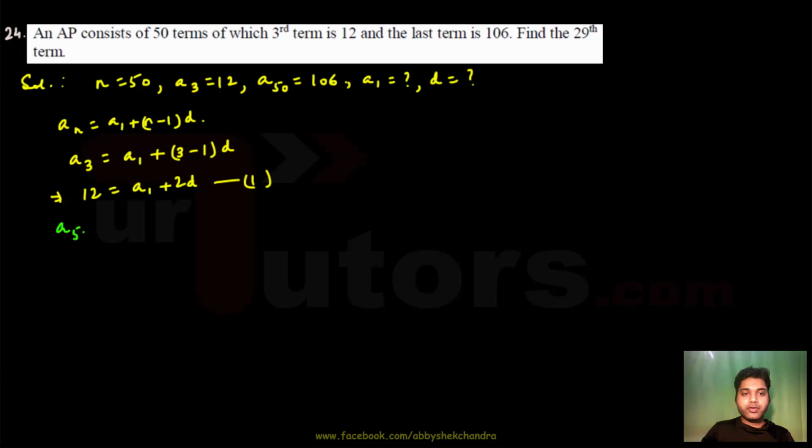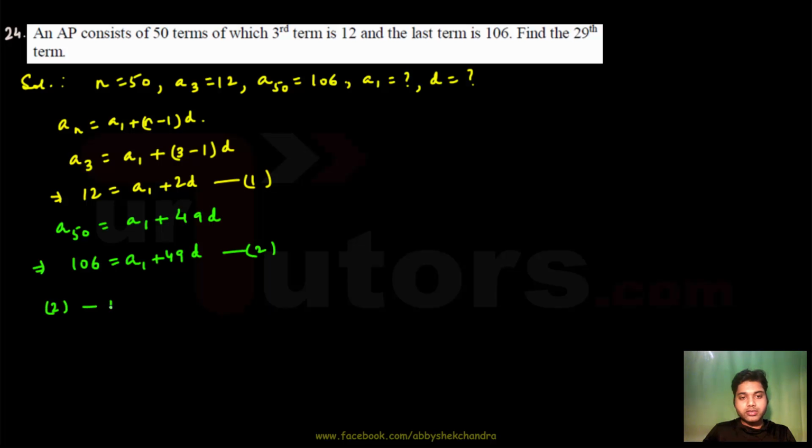Again, a50 is equal to a1 plus n minus 1 into d, and a50 is given to be 106, equal to a1 plus 49d. This is equation 2. Now let's eliminate a1 from 1 and 2.